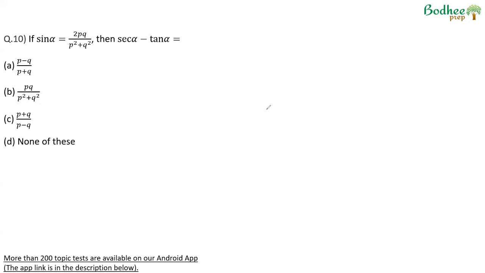If sine alpha is 2pq upon p square plus q square, we have to find out sec alpha minus tan alpha, which is 1 upon cos minus sine upon cos. Sine square alpha can be written as 4p square q square upon p square plus q square whole square, which means 1 minus cos square alpha.